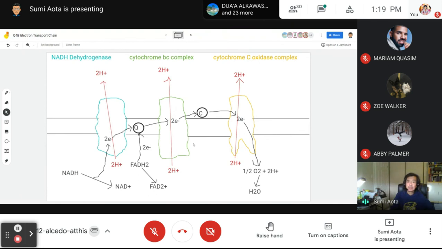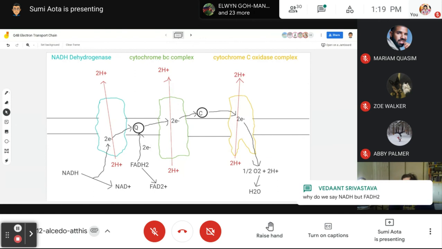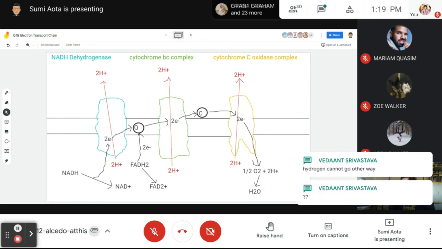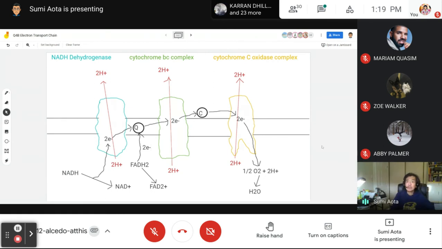Okay, this system only works if hydrogen can't do what? Because it's easier than saying NADH plus H plus. Yeah, it assumes that the hydrogens can't get through this inner mitochondrial membrane.